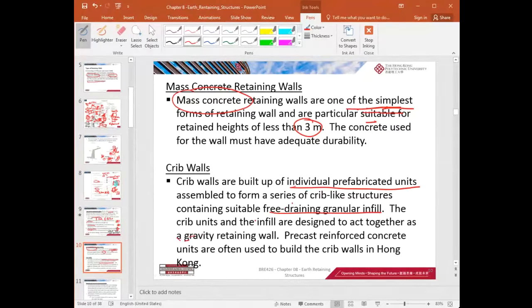Because of the weight of the granular infill retained inside the frame of the prefabricated units. So this crib wall will contain all the granular fill inside it. So it forms a very heavy gravity retaining wall.